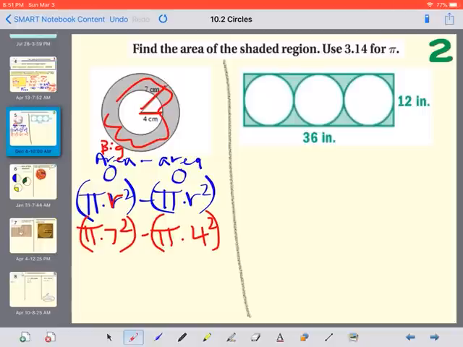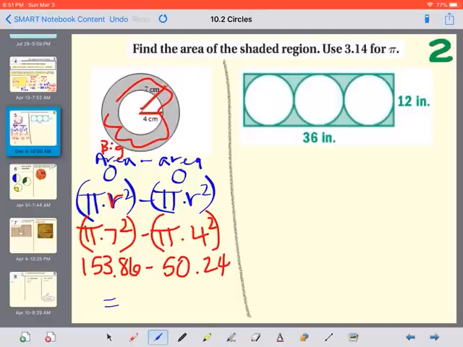So pi times 7 squared first gives us 153.86, and then pi times 4 squared gives us 50.24, 50 and 24 hundredths.